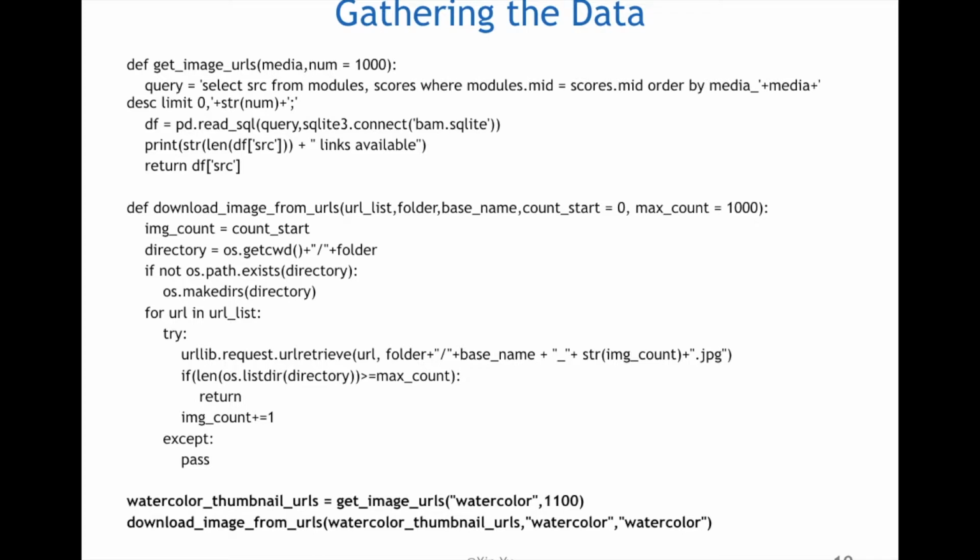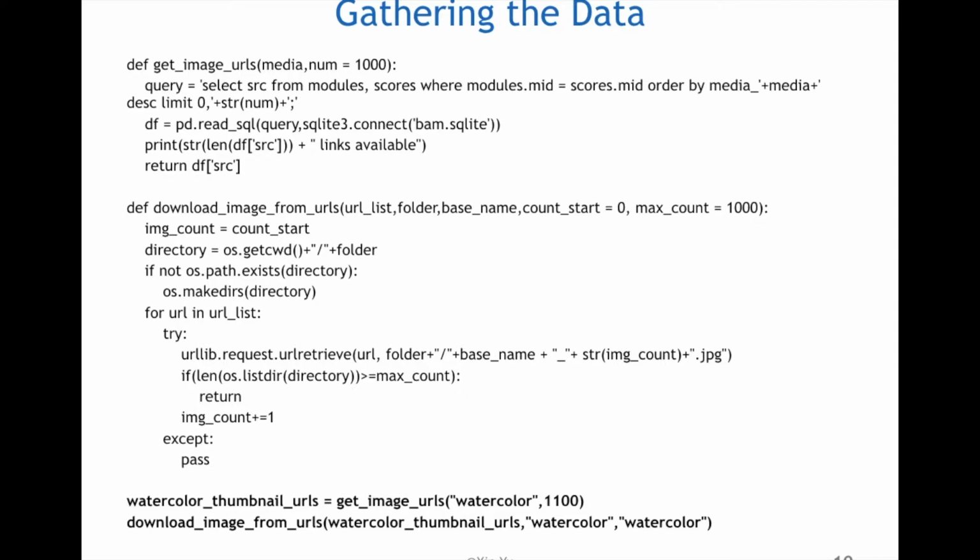In the middle of the slide, the download image from URLs function is where I actually iterate through a list of URLs and download them to a specific folder. At the very bottom, you can see the actual executions of those functions.